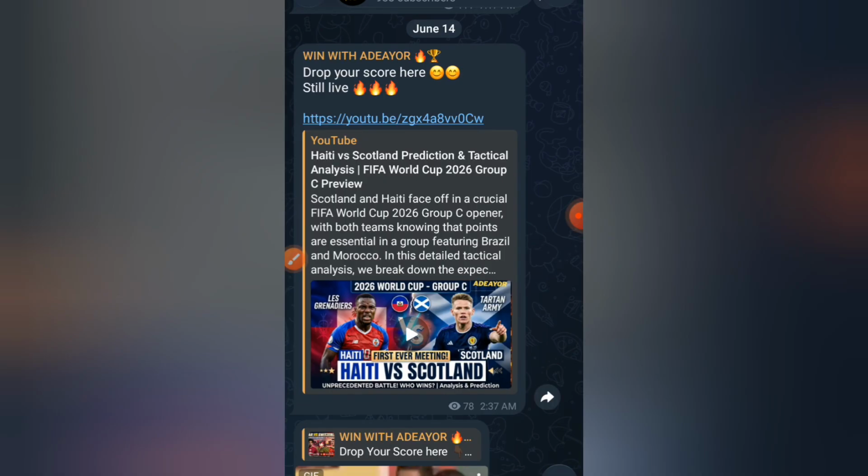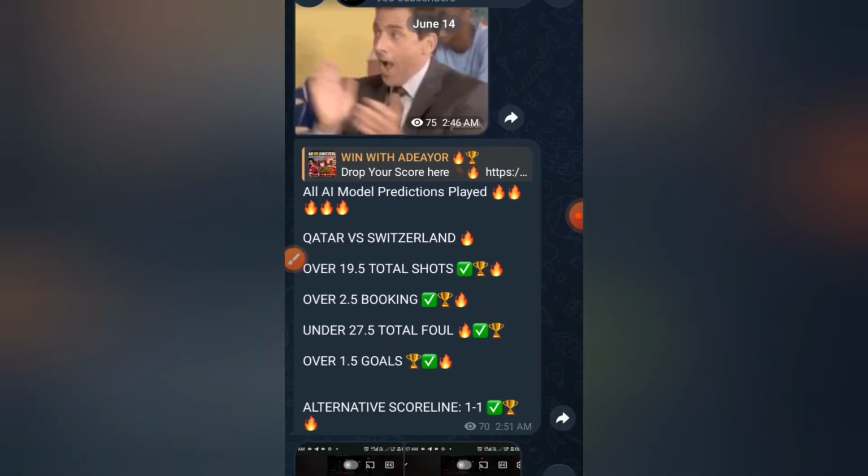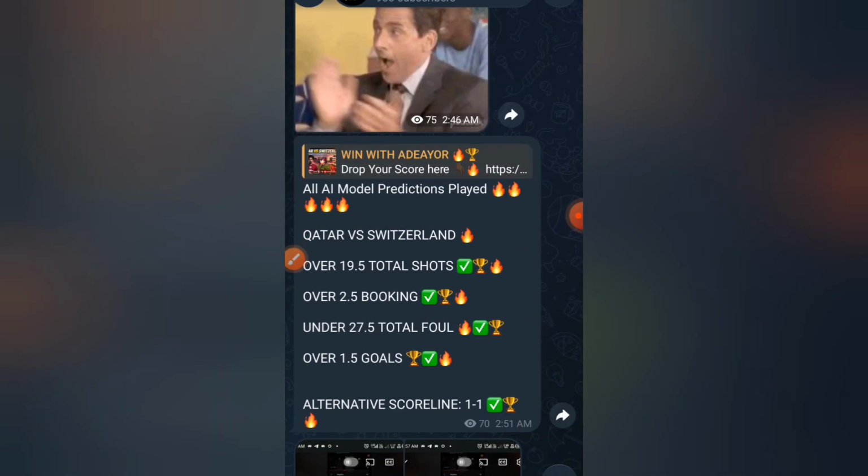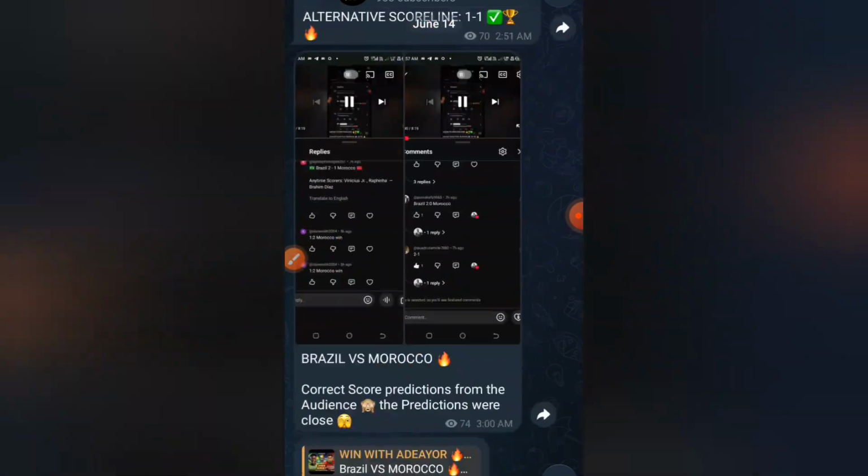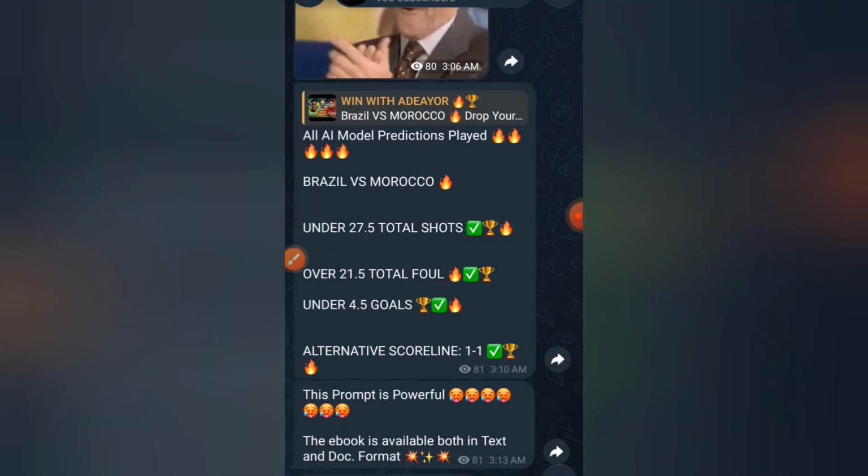That particular game shocked me. The game went the other way around. Most of the games that we predicted as either over total shots or under total shots have been coming out so well. The same thing with the match between Brazil and Morocco, over 21.5 to under 27.5 total shots. It also came out so well.